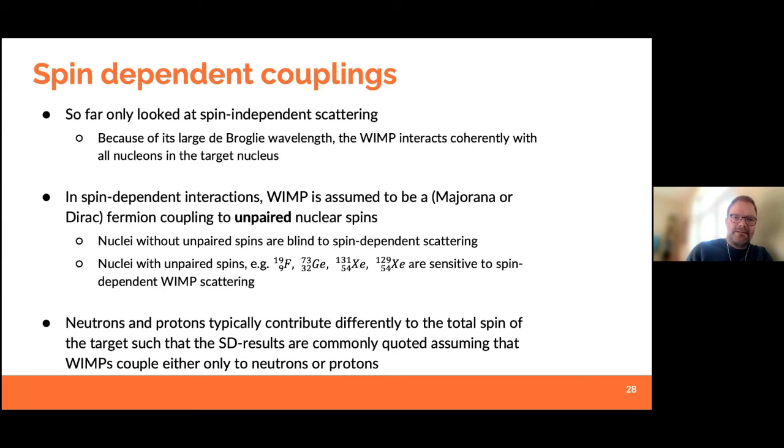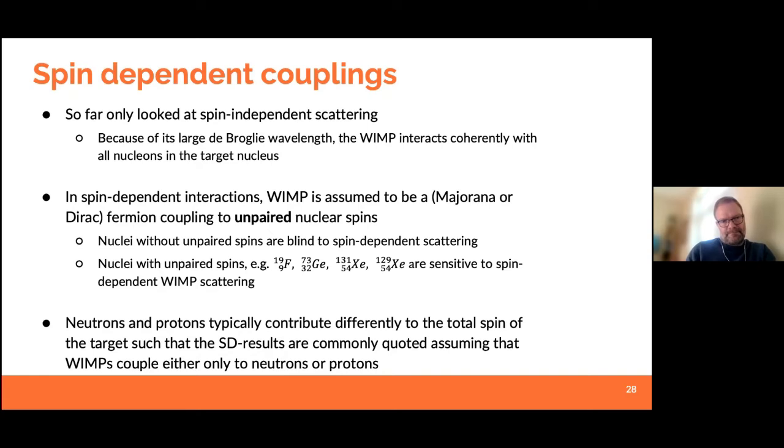If you have a nucleus without unpaired spins, then it is blind to spin-dependent scattering. You just cannot do that measurement there. But if you have nuclei with unpaired spins, such as fluorine or germanium and these xenon isotopes, you can be sensitive to spin-dependent WIMP scattering.